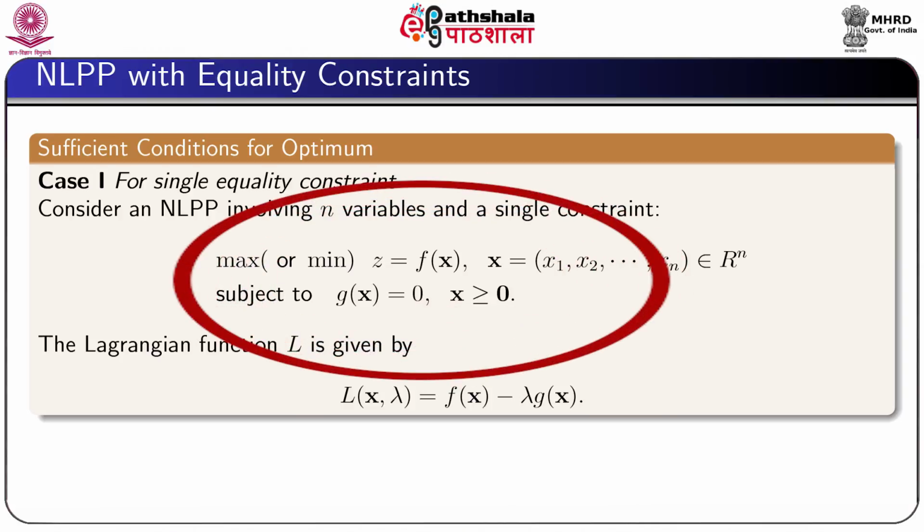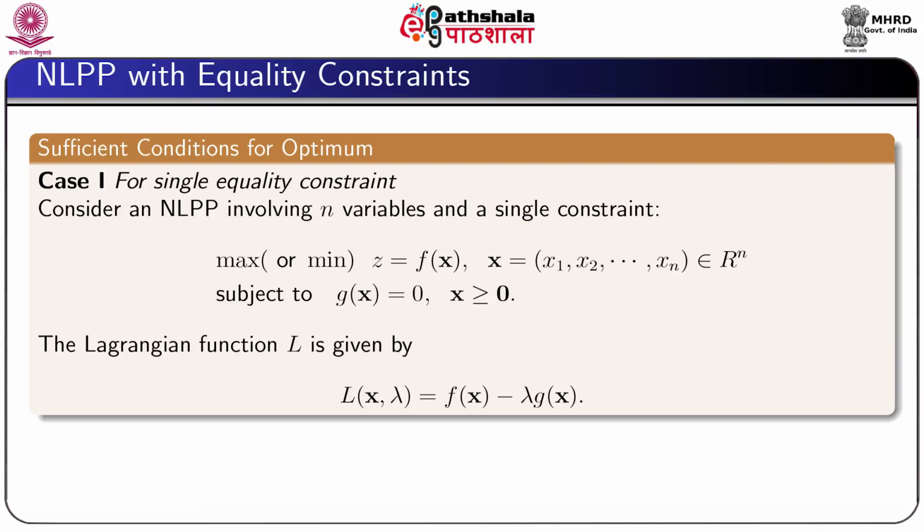Maximum or minimum z equal to f(x), where x belongs to R n, subject to g(x) equal to 0 and x greater than or equal to 0. The Lagrangian function is defined by L(x, lambda) equal to f(x) minus lambda into g(x).